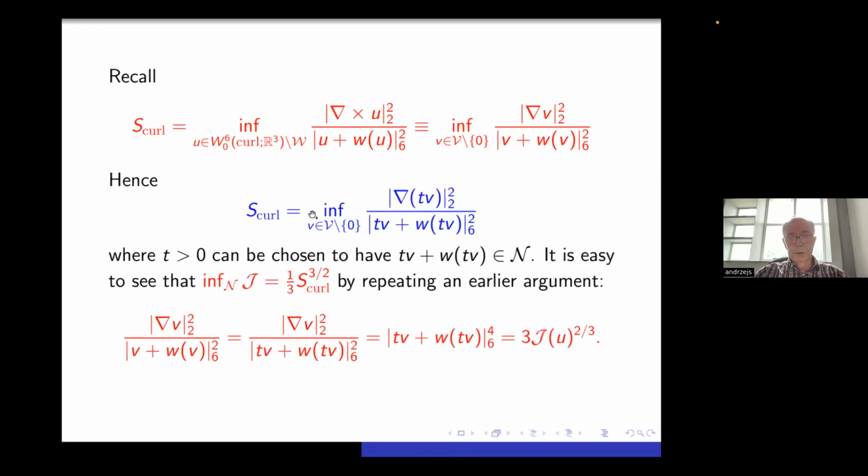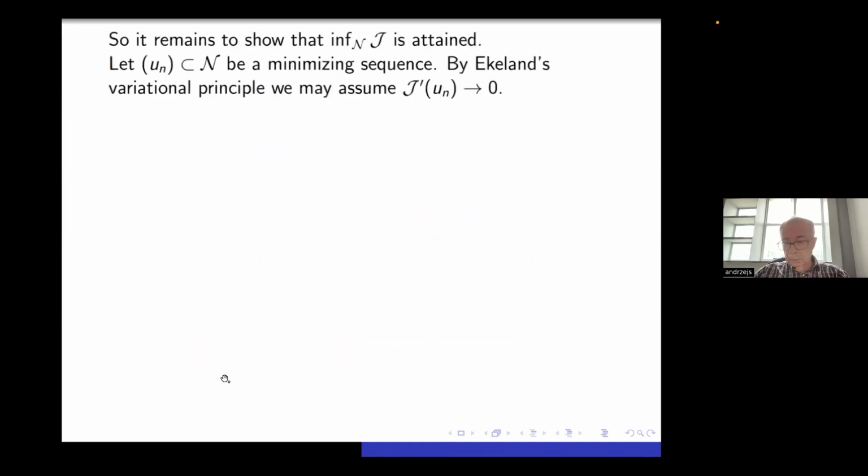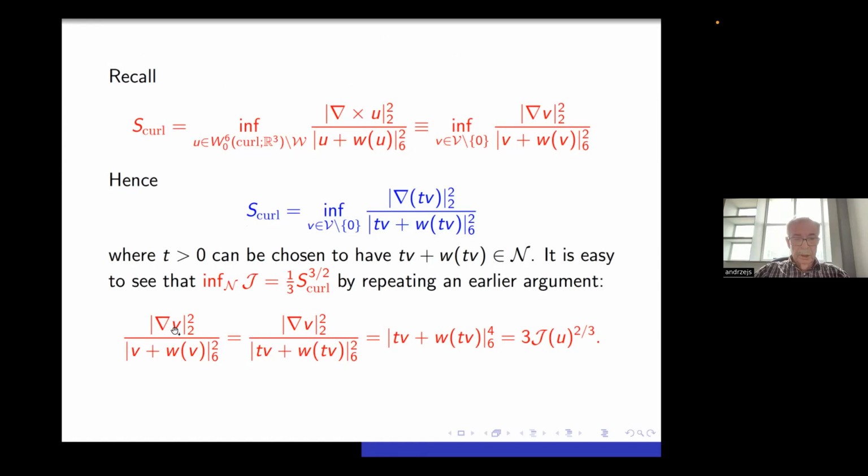So now S curl is equal to this infimum, and now one shows that this is the same as this, because T V plus W of TV is equal to T W of V. And by a simple computation, one can show this.